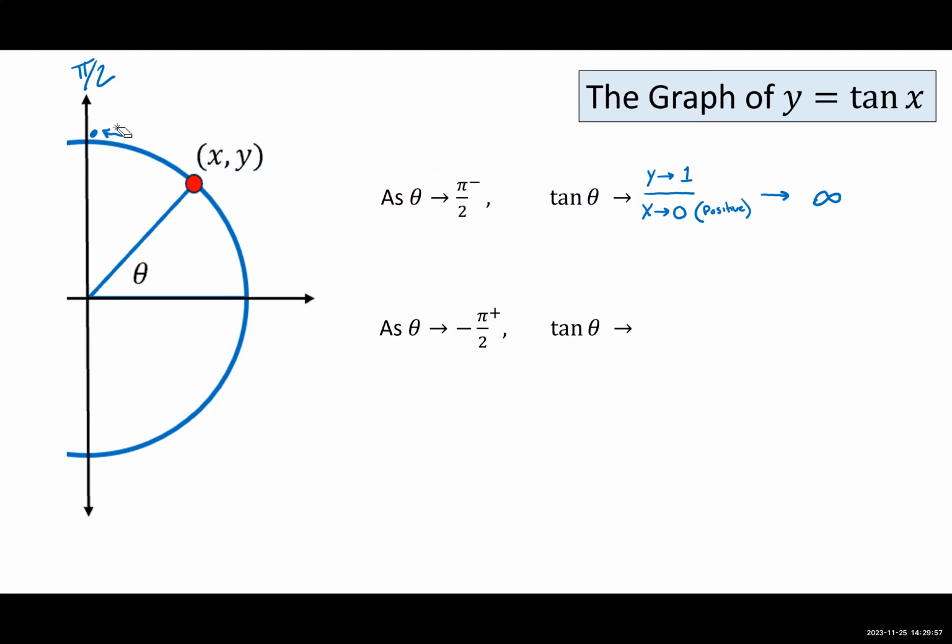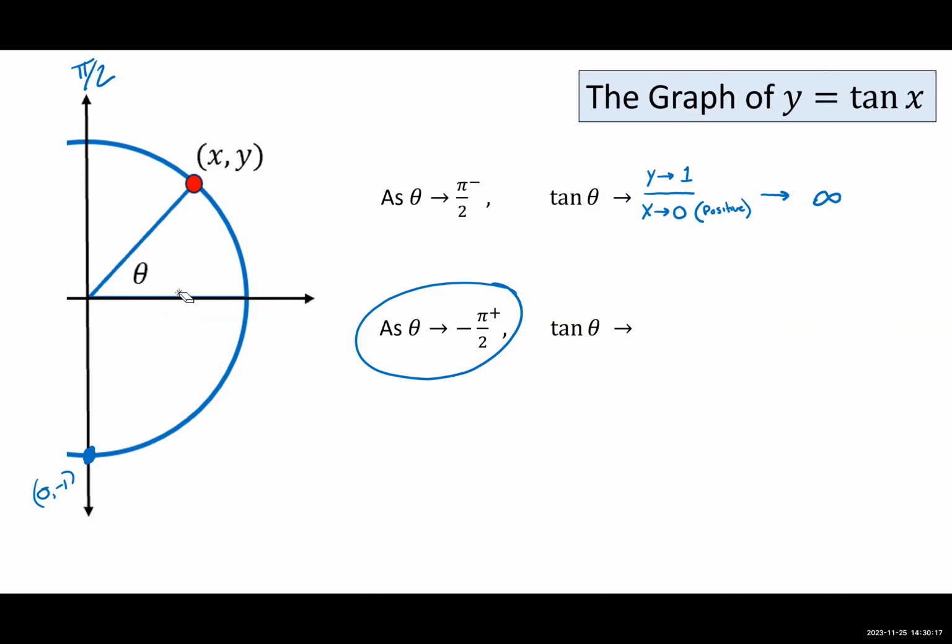And then, let's erase this. As the angle gets closer to negative pi over 2, so negative pi over 2 is down here, this would be an angle of negative pi over 2, which puts you at the point (0, -1).